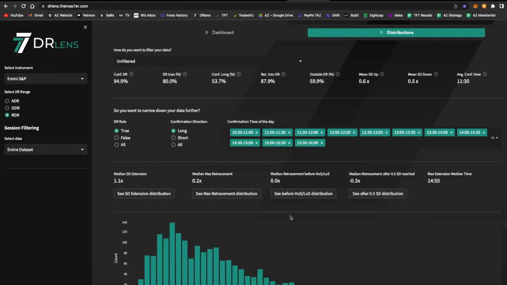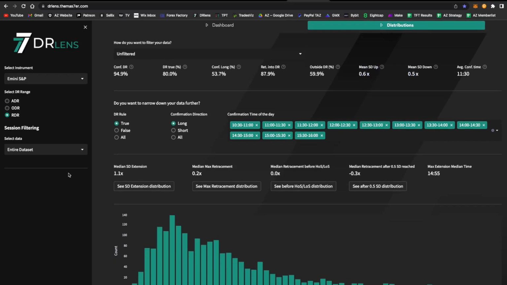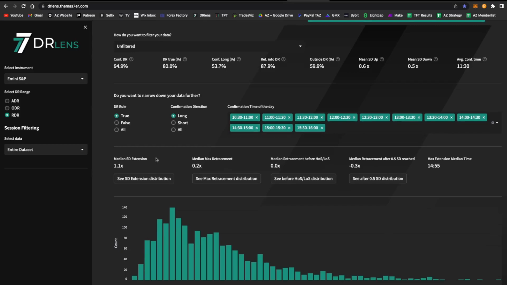So let's quickly check out the DR lens. We have the tendency to confirm long. The DR rule holds true for the IDR session for 80%. The mean standard deviation up would be 0.6, mean standard deviation down 0.5. And overall, the median standard deviation, if the DR rule holds true for the IDR, and we get a confirmation into the long direction.